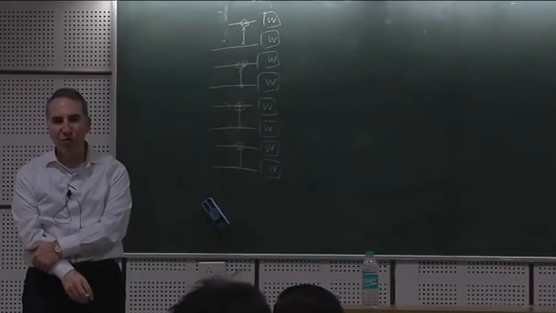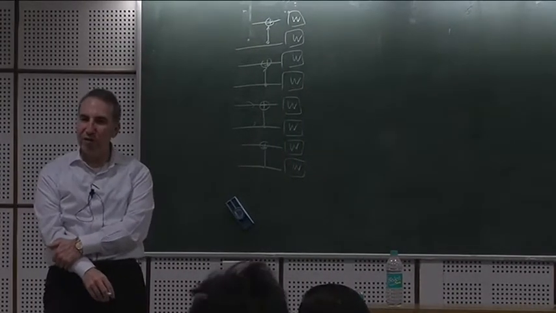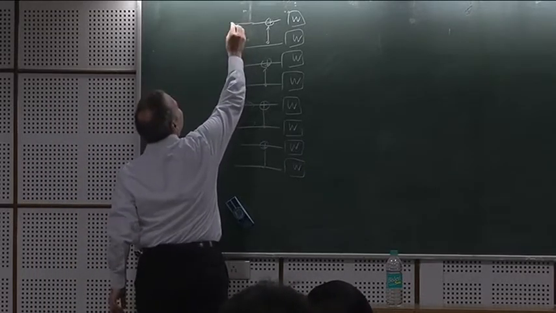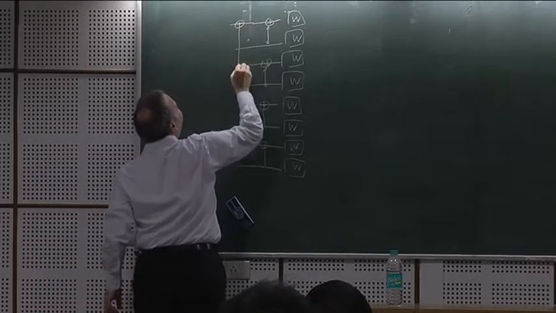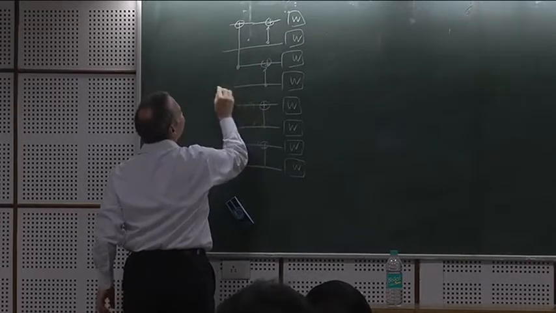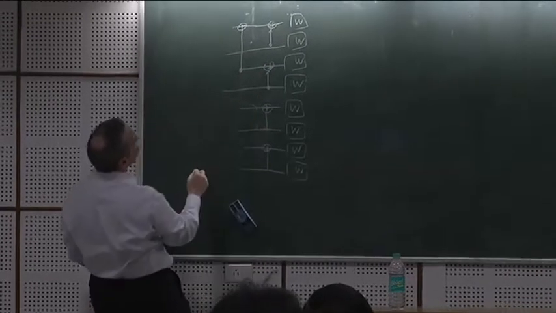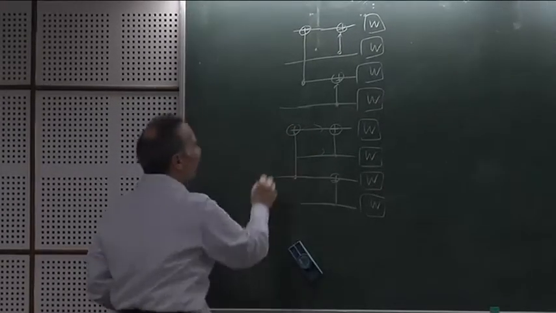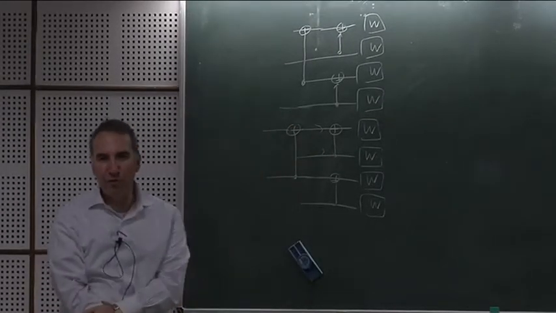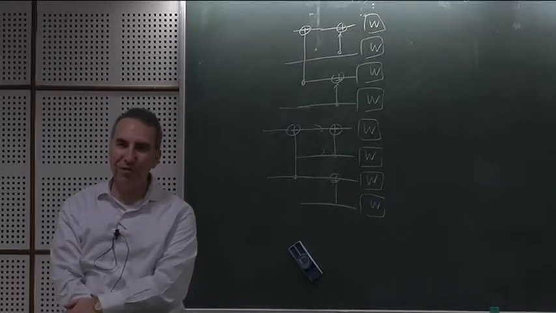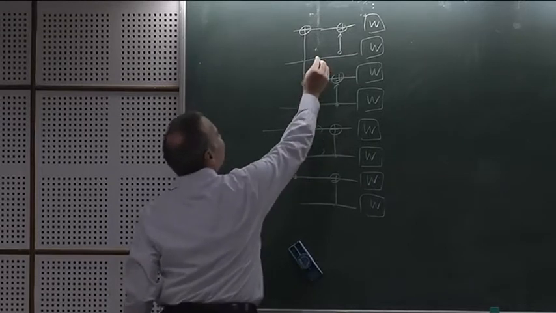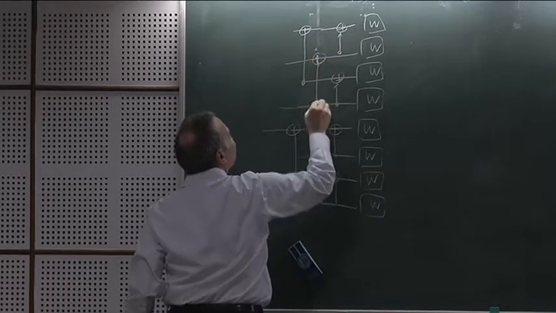From 8 copies of W, I create 4 copies of W minus and 4 copies of W plus. And I combine the W minuses 2 by 2 to create 2 copies of W minus minus and 2 copies of W minus plus. And then I do the same thing with the W plus channels.